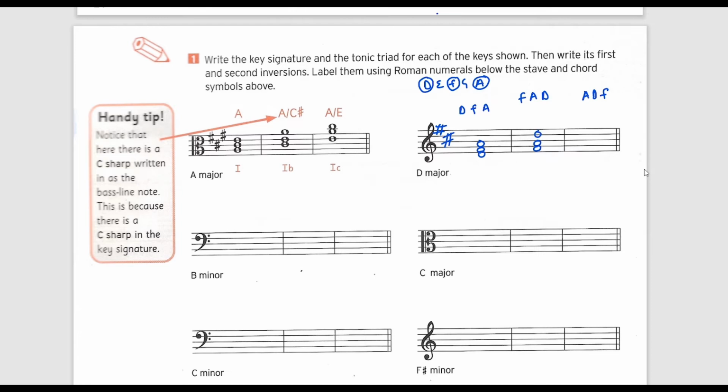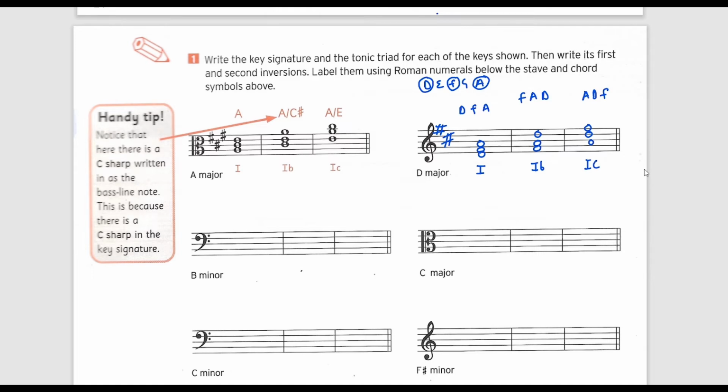Okay, and the third one we take A, D, and F sharp. Now first we write the root with the normal number. This is a major chord, so we write a capital Roman numeral, then this is 1b and 1c.